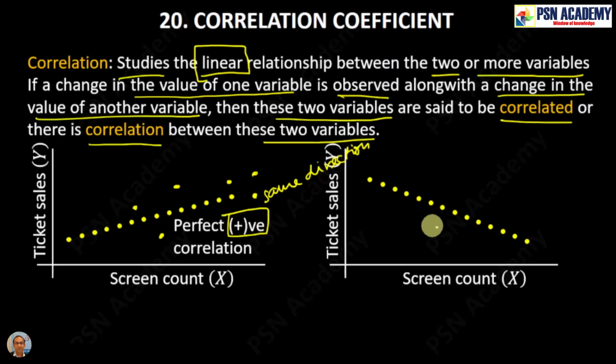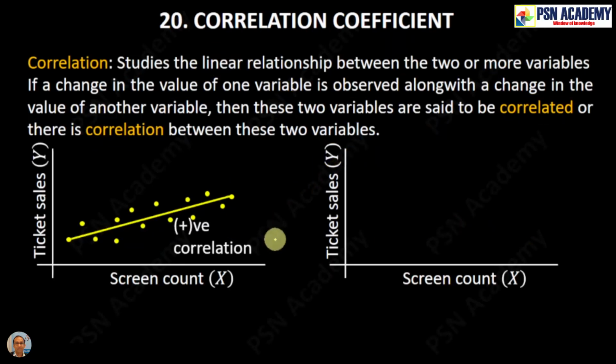See, this one, x is getting larger, but y is getting lesser. So we have a perfect negative correlation because x is moving in one direction while y is moving in a different direction. And this is perfect because all the data points are lying on the same line.